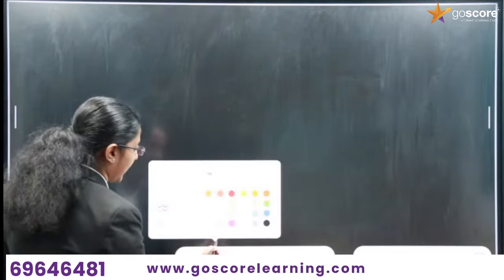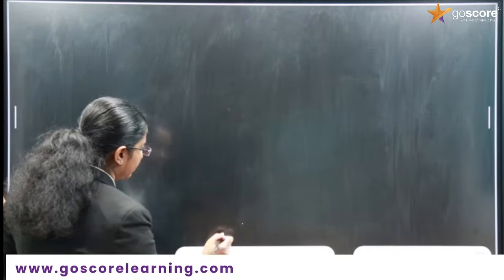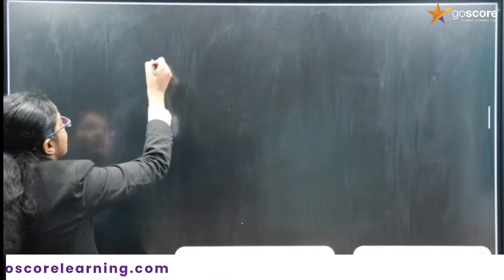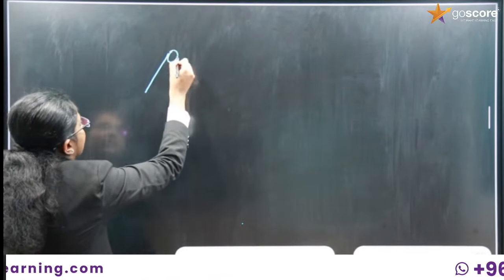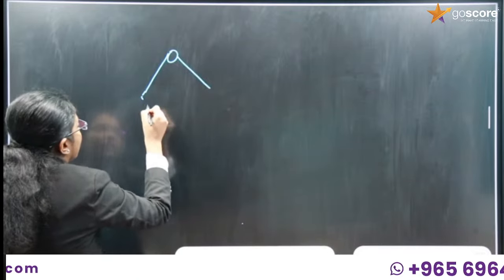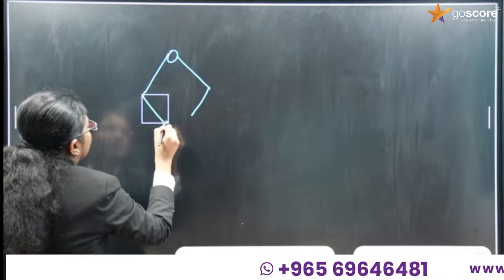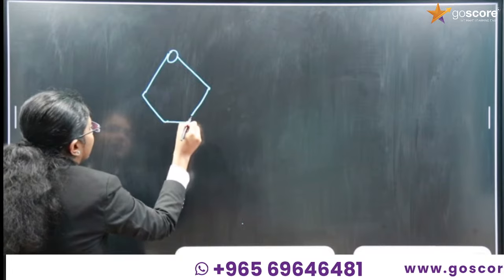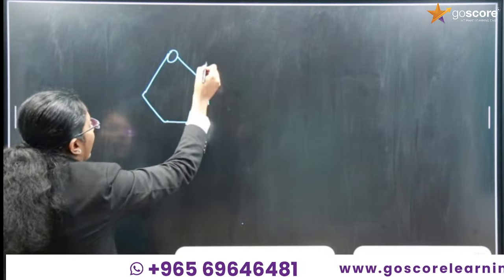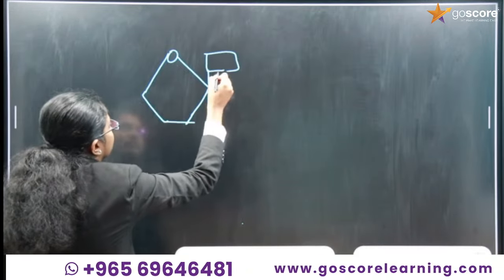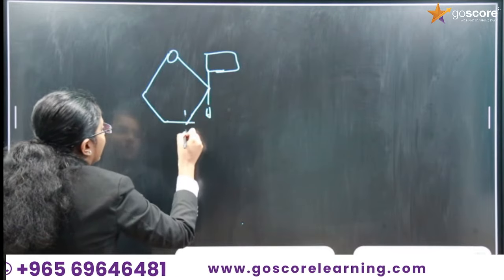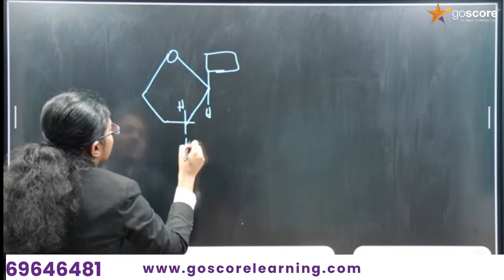So I'll be drawing the nucleotides again here. If you're considering the nucleotides, this is the first nucleotide. Here you have a nitrogen base. Then H, H is present.